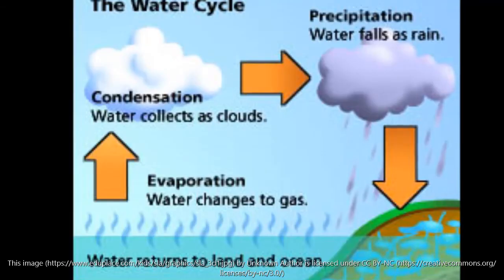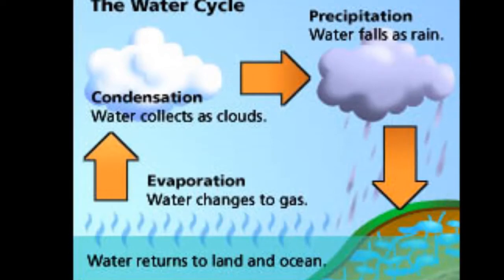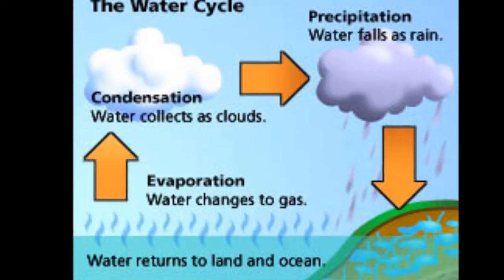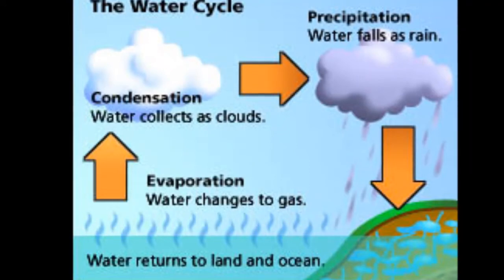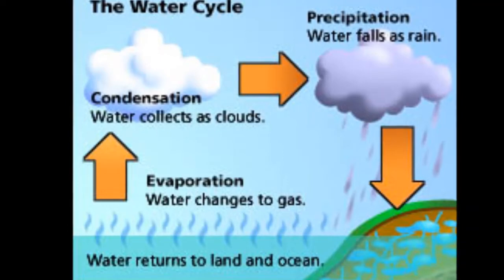We see that water all over the place then, but still the question remains, where does it come from? Where does it go? Well, that's where the water cycle comes in. As we can see, the water in the oceans and in land also is heated up by the sun, so it evaporates.